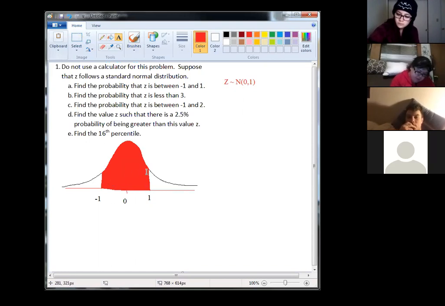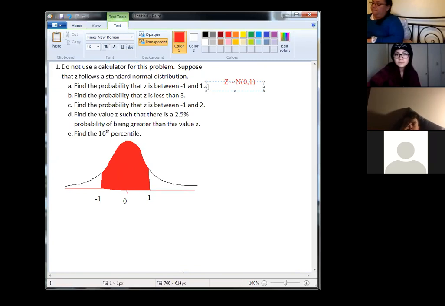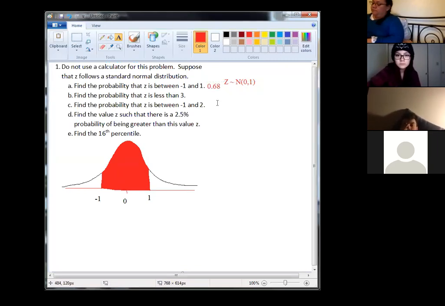Anyone know? What is the area that I've just shaded in? 50%. Not 50. Good try, though. 68. Because the empirical rule says the area between -1 and 1 is 68%, or 0.68. Any questions on that?